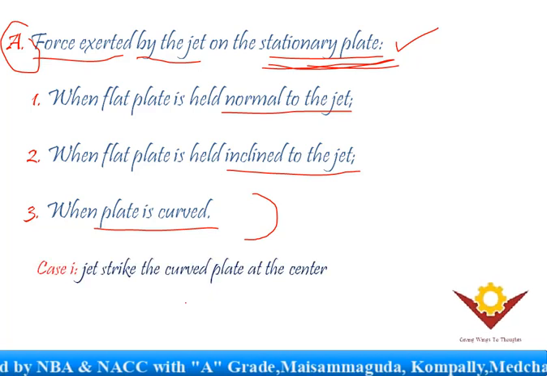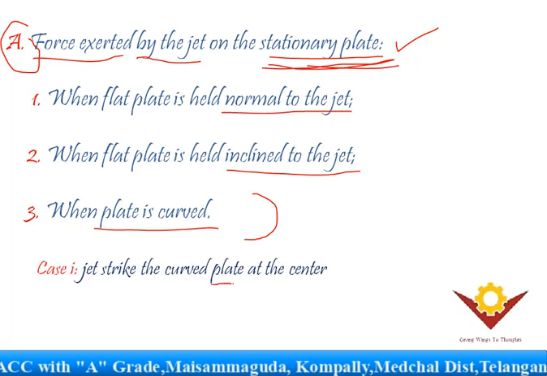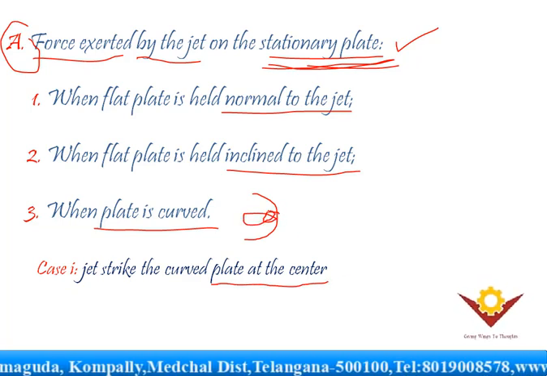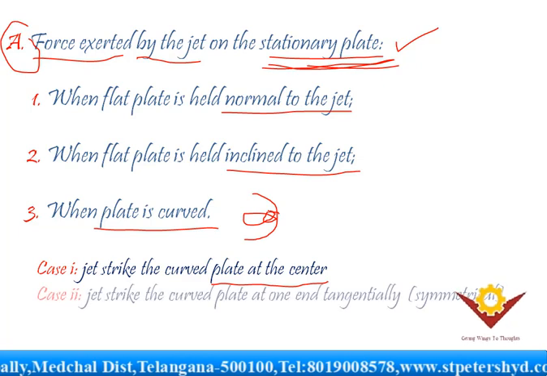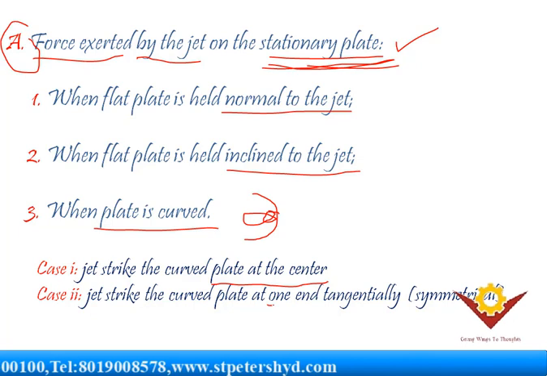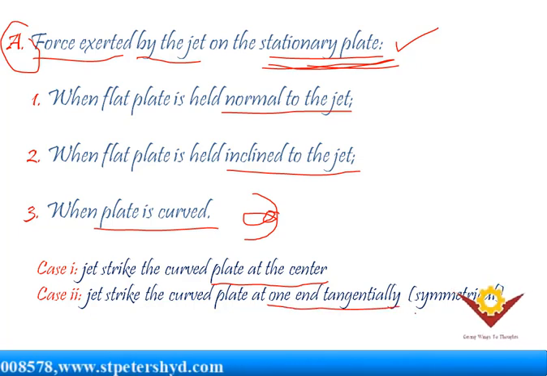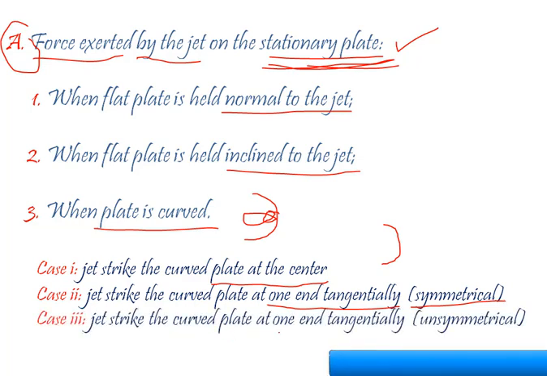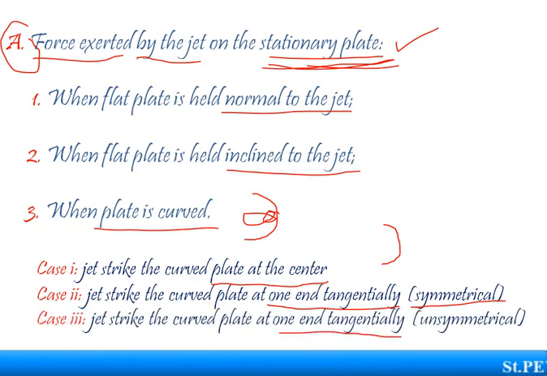The first one is the jet strikes the curved plate at the center, and the next one, the jet strikes the curved plate at one end tangentially. Here the curved plate should be a symmetrical one. And the third case, the jet strikes the curved plate at the end tangentially. Tangentially is nothing but the tip.